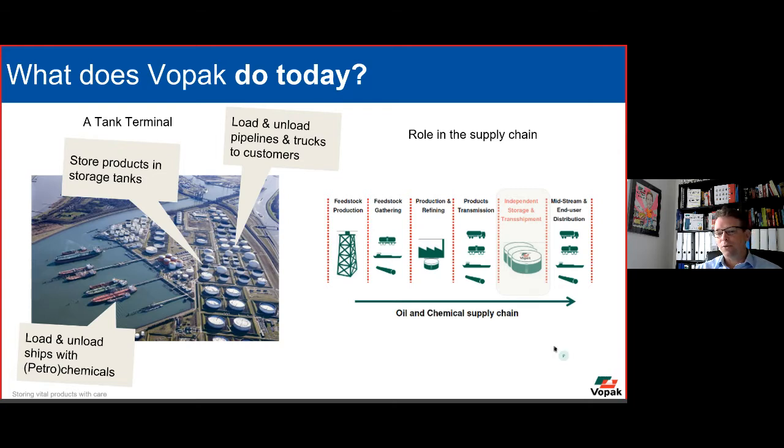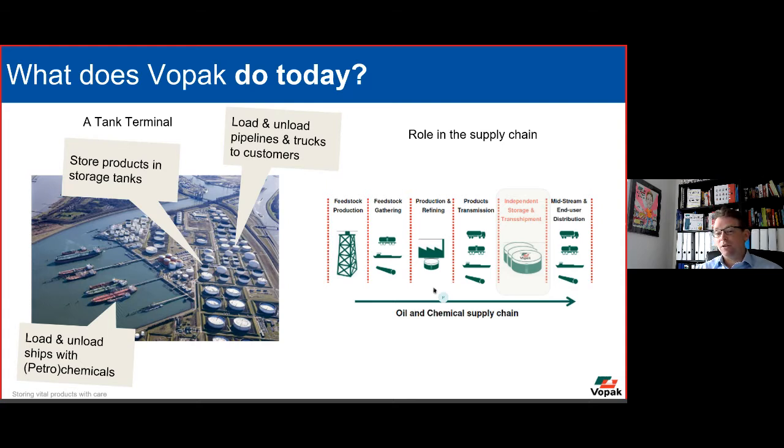Now, what is then our role in the petrochemical supply chain? If you go from left to right, the petrochemical supply chain is quite a big chain. You have the feedstock and the production, so the oil wells where crude oil is produced or received from the ground. Then you have a process of gathering all the crude and going through refineries where different types of products are made out of the crude oil.